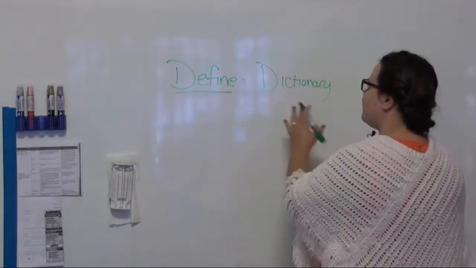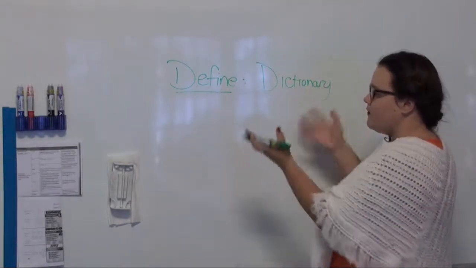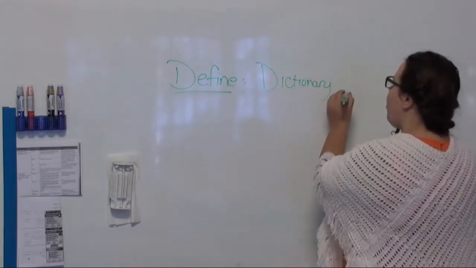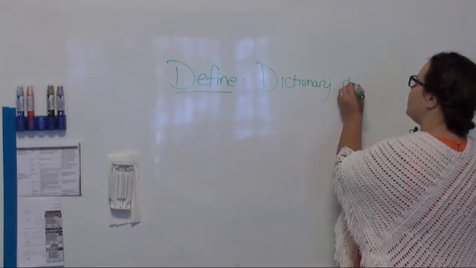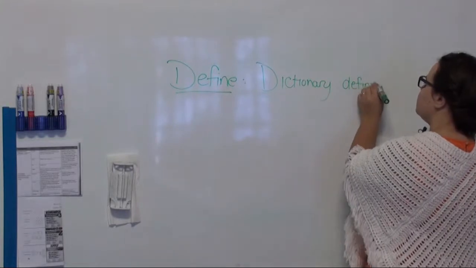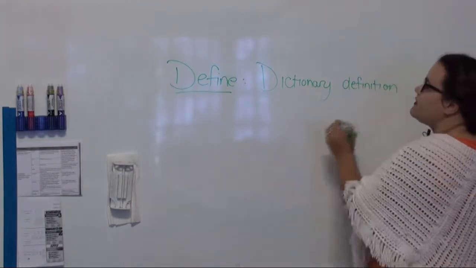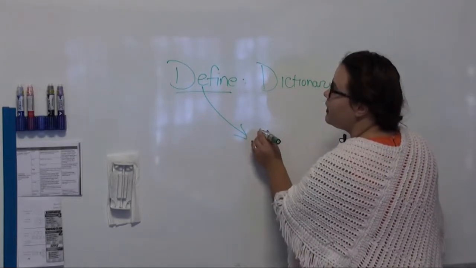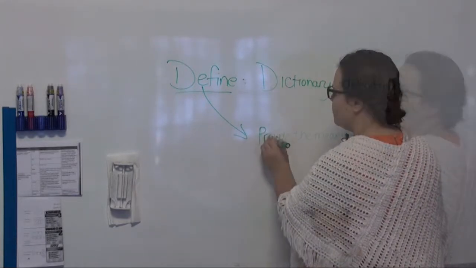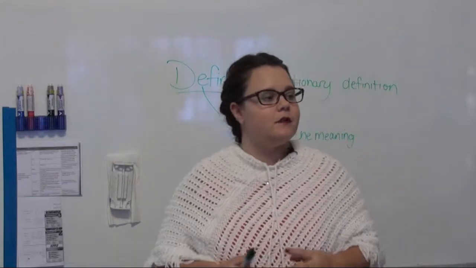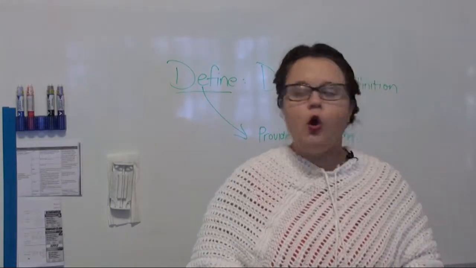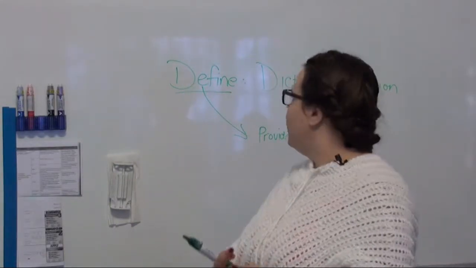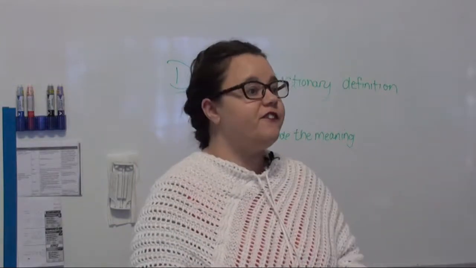So you'd either define it by providing keywords, or you could be providing the dictionary definition. Okay? Essentially, the goal of define is to provide the meaning. When you are providing the meaning of a word or even of a term, that is when you are defining something.